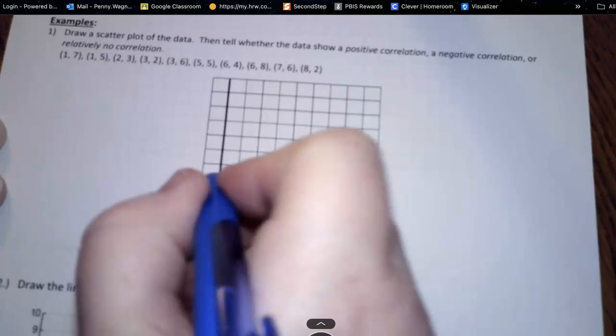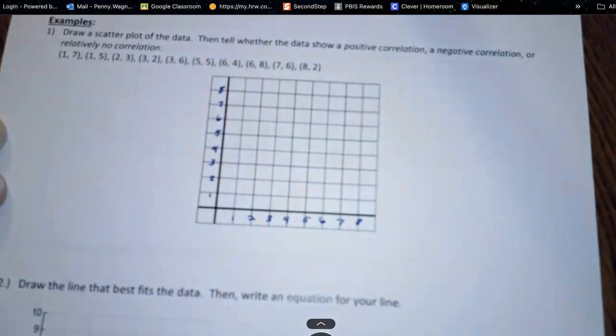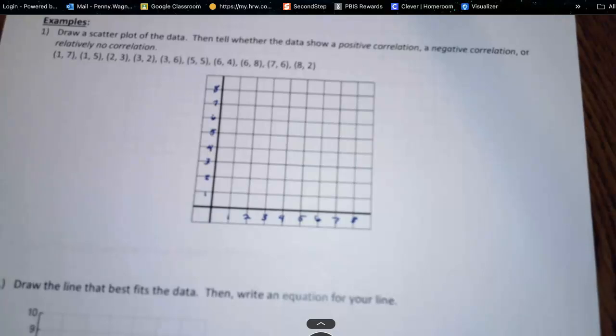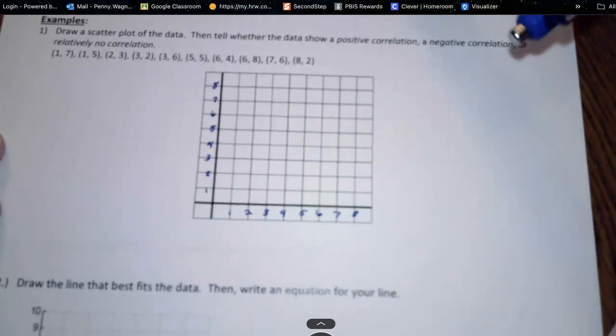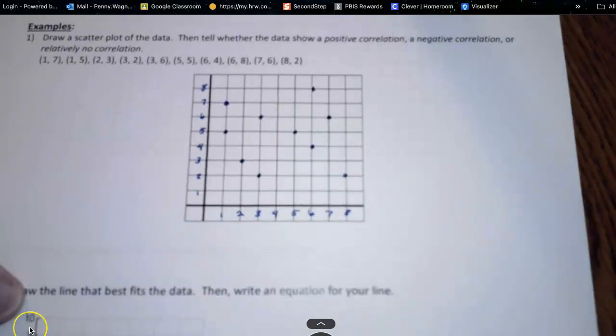So I'm going to go up from 1 to 8. Just like that. And now I'm just going to plot my points. Okay, I have plotted my points.